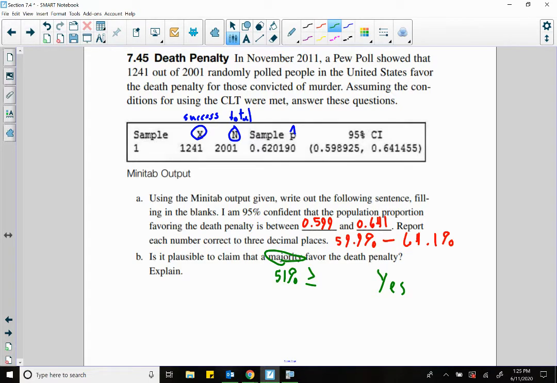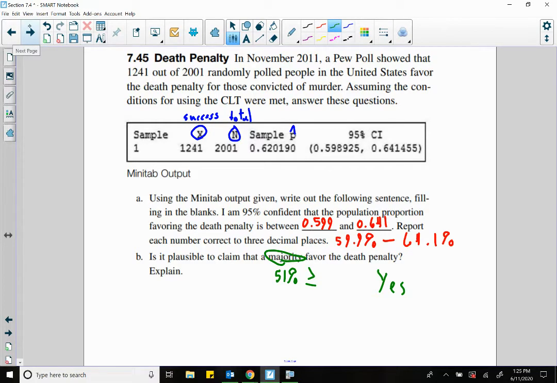This was based off of a sample, but based off of the sample and the confidence interval, we can definitely say a majority of the people in the United States favor the death penalty. I don't need everybody.